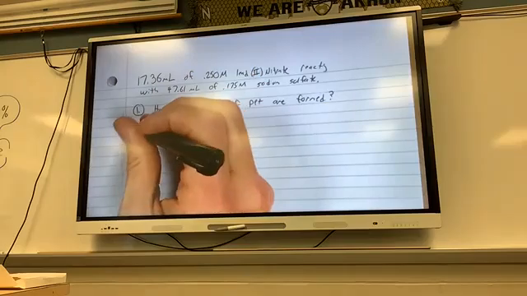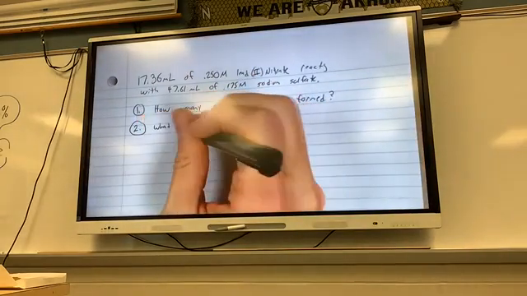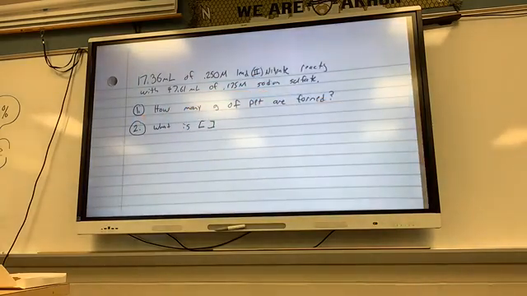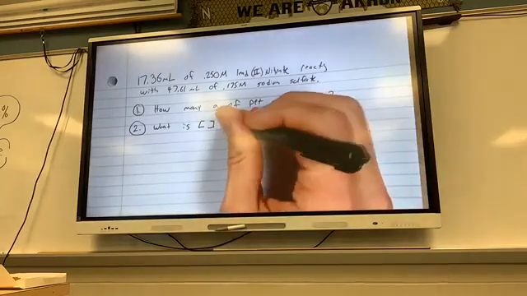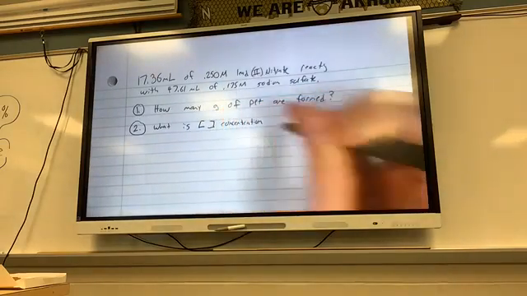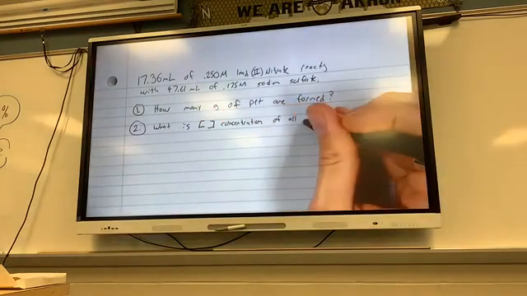The second part's new. The second question I'm going to ask is, do you guys know what bracket symbols mean? Concentration. So if you see brackets, from now on you know that's concentration.